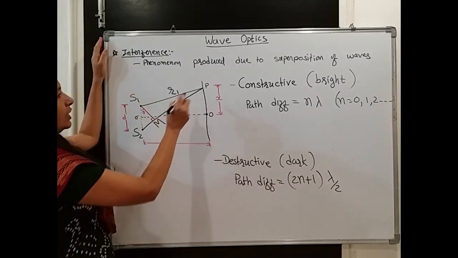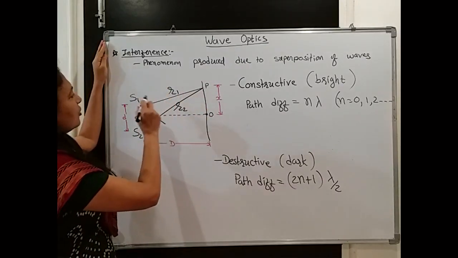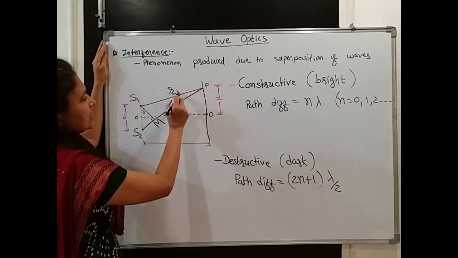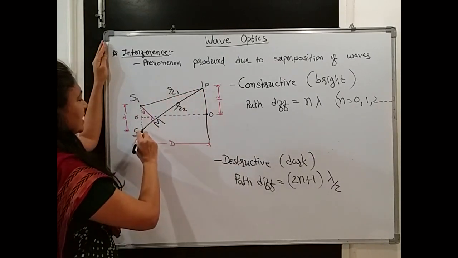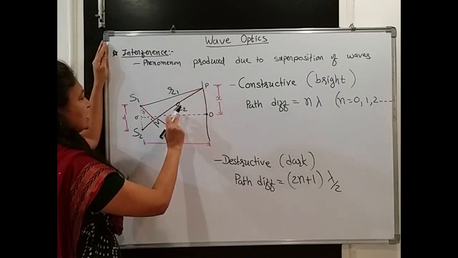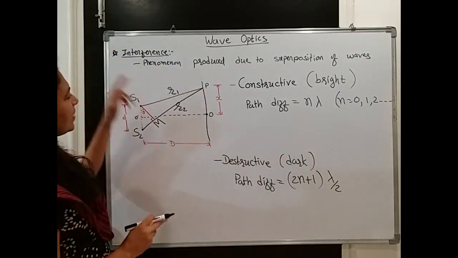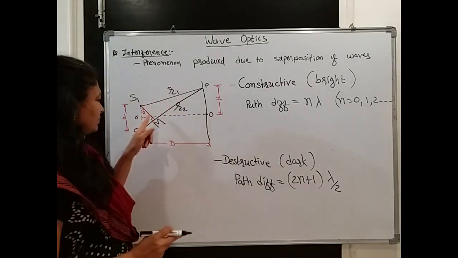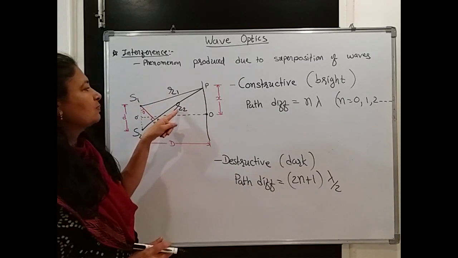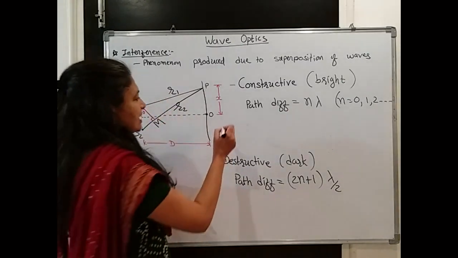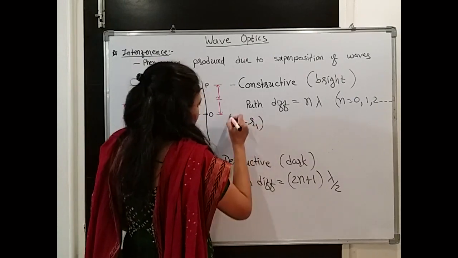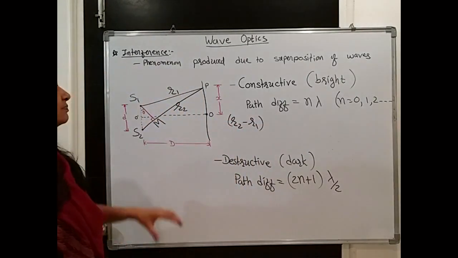Okay, so the length of the path of the first wave, that is the distance between S1 and P, is R1, while the path length of the second wave, that is S2P, is R2. So the path difference, you can see R2 is greater compared to R1, can be written as R2 minus R1.